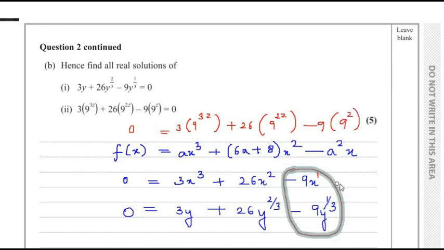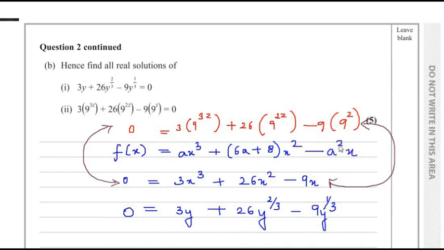So now we have to compare this expression with this expression. Here also similarly I am going to look at the same coefficients, that is -9 and -9, and I am going to compare this term with the last term.